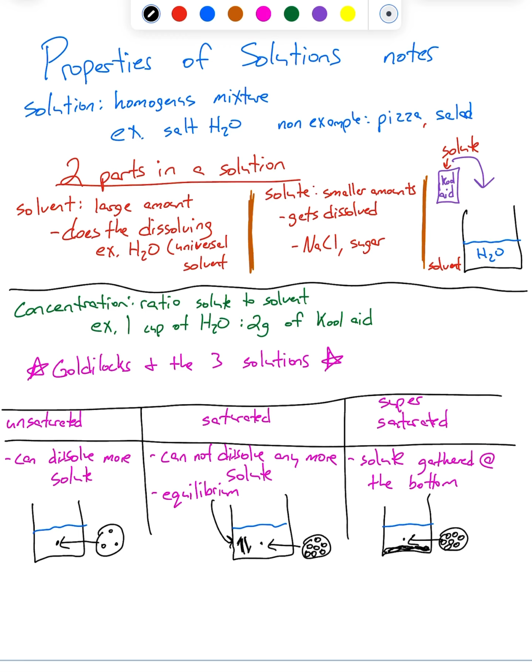If it's been agitated and the temperature raised to where it seems full, and then when it cools down the solute drops to the bottom, you know that liquid is at supersaturation. You cannot add any more.